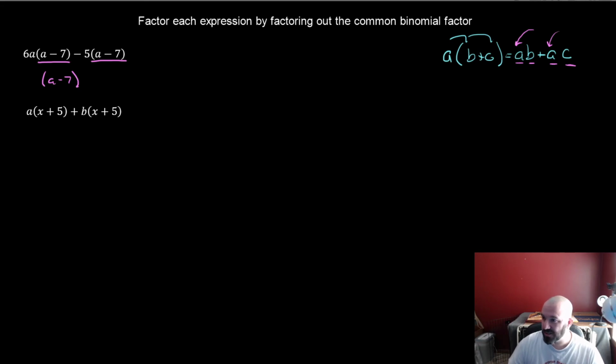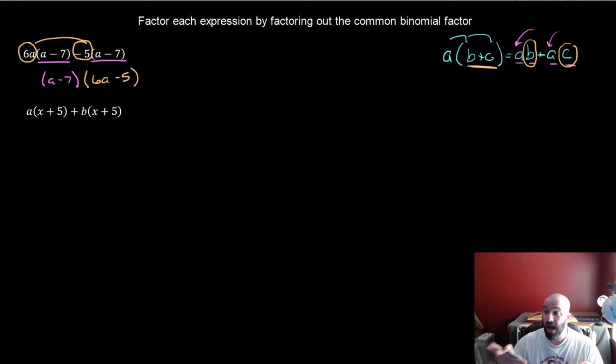The question is then, what's left? Well, we take our B and our C, the other stuff that was associated with A, this guy here and that guy there, and we plop those together in the same set of parentheses. And that's it.